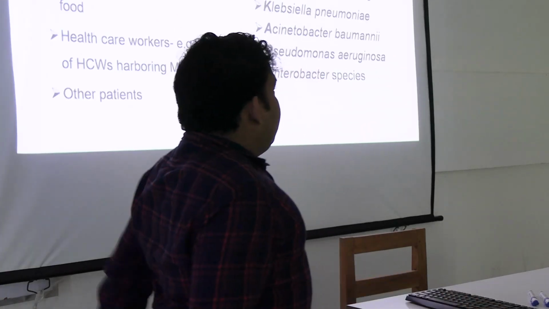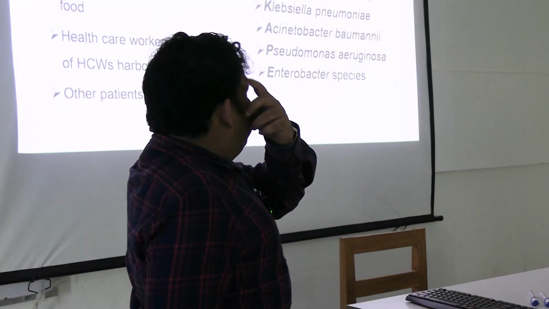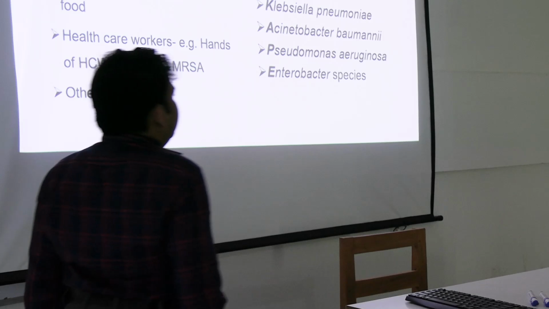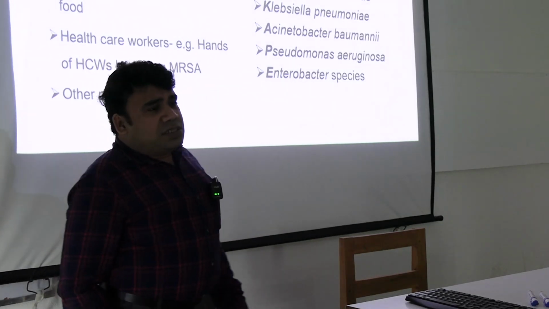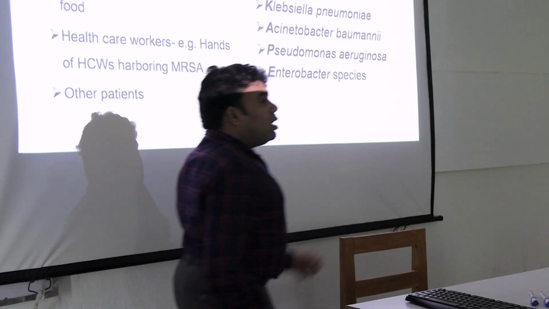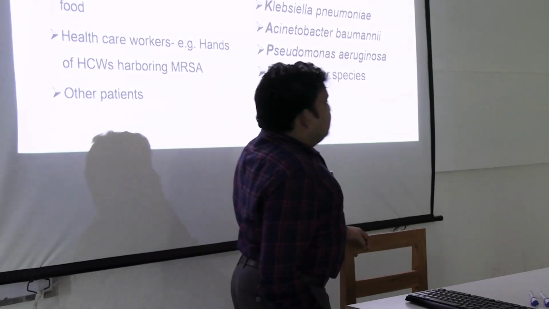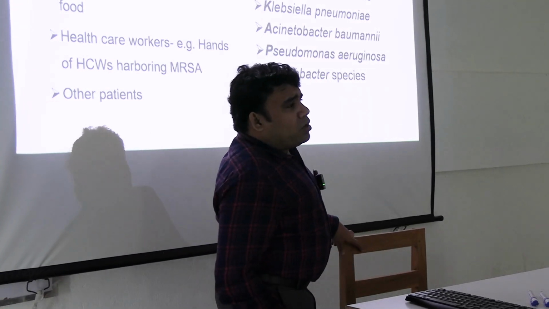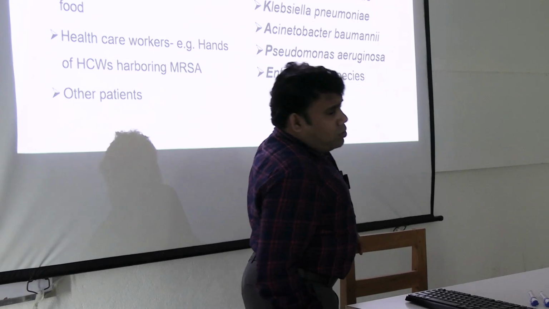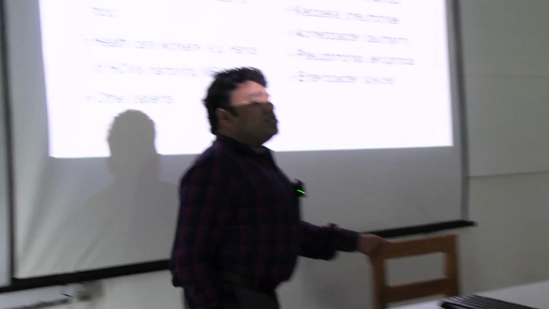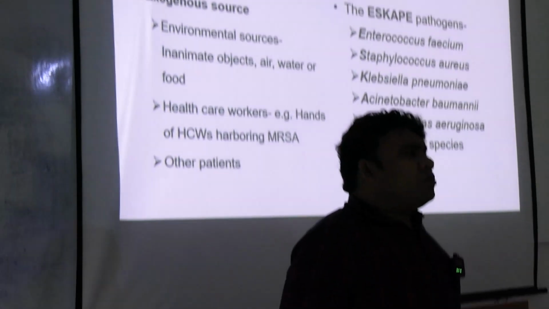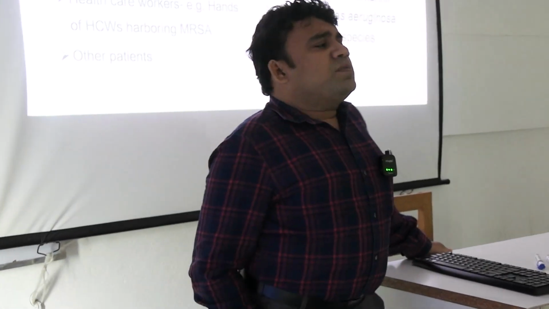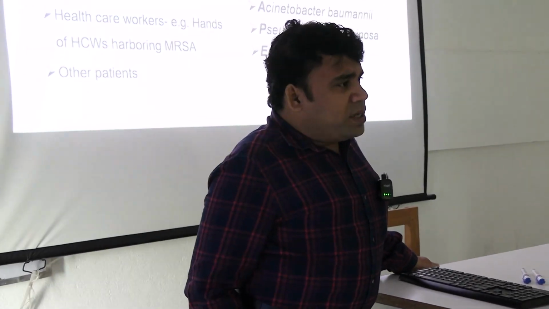And more importantly, look at the column on the right hand side. There are some specific pathogens which are very dangerous. This set of pathogens are also called the ESCAPE pathogens. These include Enterococcus faecium, very commonly resistant to vancomycin, and Staphylococcus aureus. I think you already know about MRSA or methicillin resistant strain, sometimes also resistant to vancomycin.